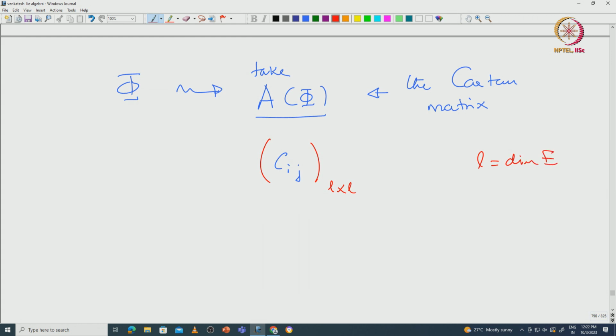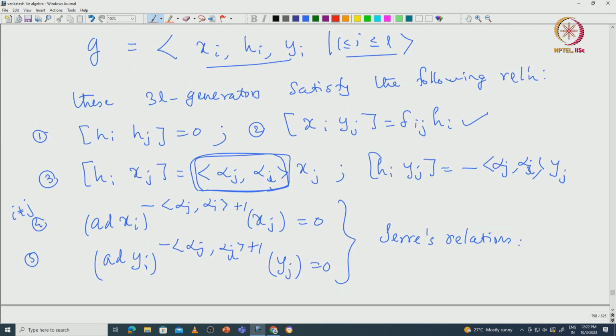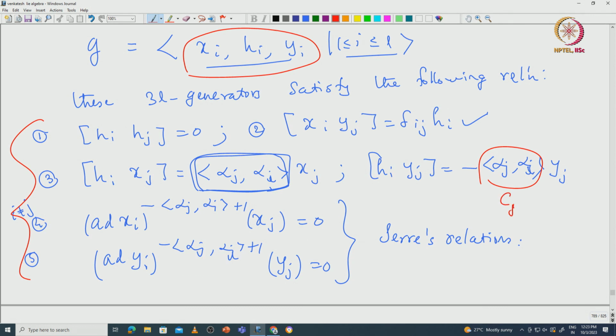Okay. So, this matrix, if I have C_ij, then you can go back to the Serre presentation. You take the free Lie algebra generated by these 3L generators x_i, h_i, y_i, and then you go modulo the ideal generated by these relations. You replace alpha_j(alpha_i) by C_ji.